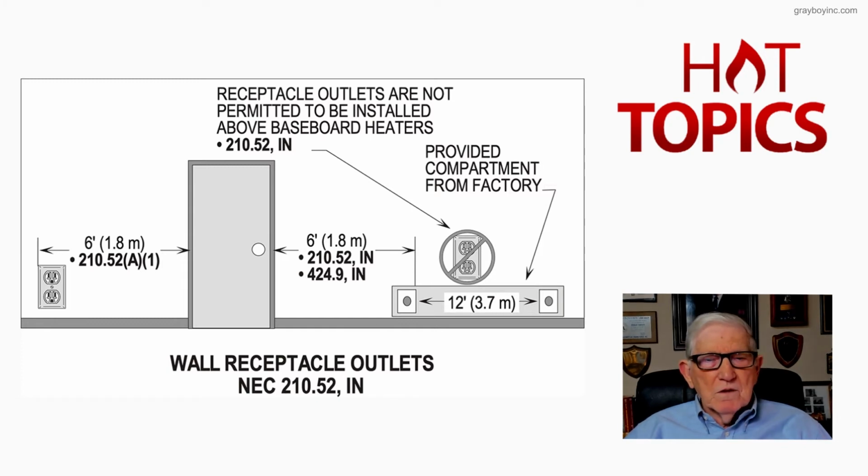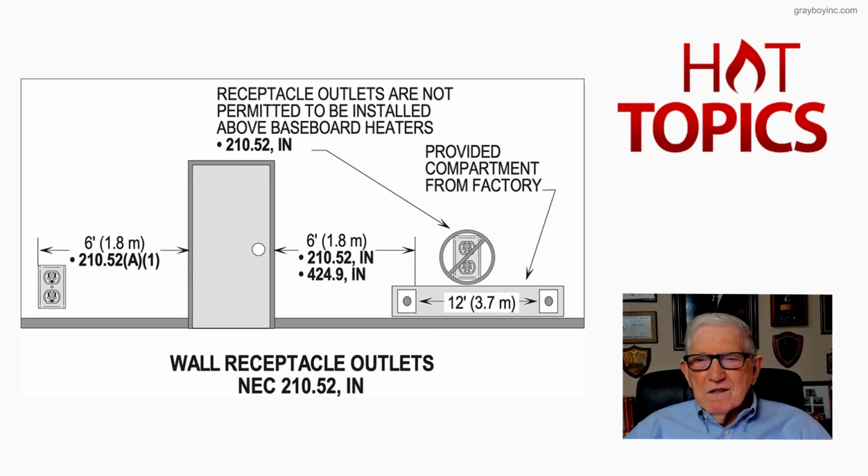You know you're in good shape. And then notice to the right of the door, you have a 6 foot to the receptacle, and that's in accordance with the informational note to 210.52, as well as the informational note to 424.9 that deals with baseboard heaters.